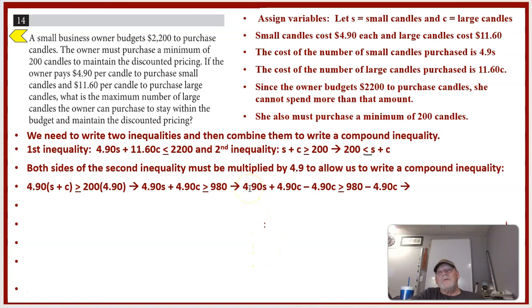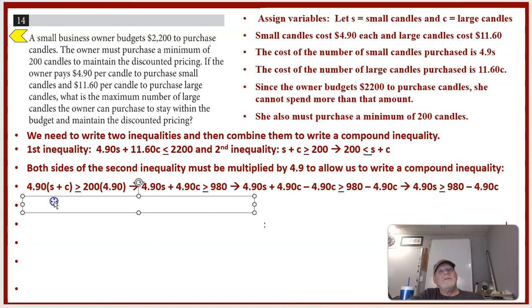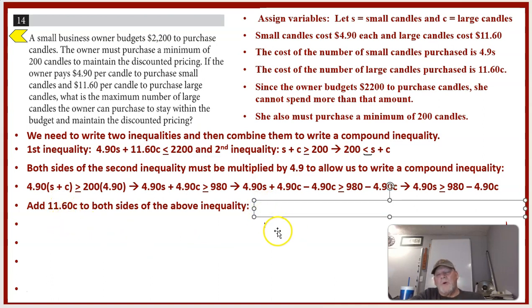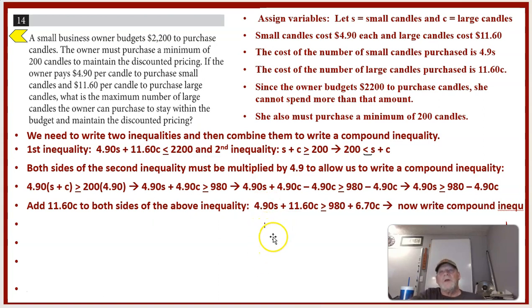And so then I subtract 4.9c from both sides, and I get 4.9s greater than or equal to 980 minus 4.90c. Then add 11.60 to both sides. Two ways to do this, but this is just one of the ways.